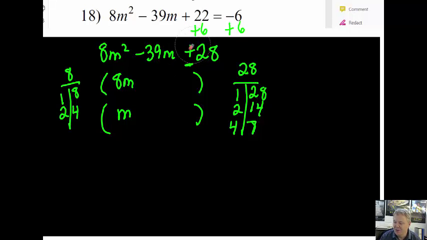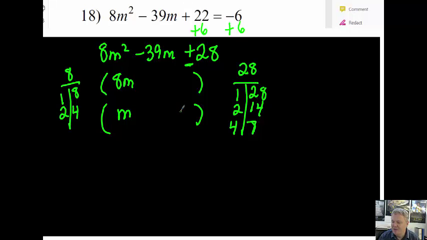Well, if B is negative, a positive and a positive don't make a negative. So that means both of these have to be negative. So they're going to add together, both being negative. Little things that we can learn as we go.